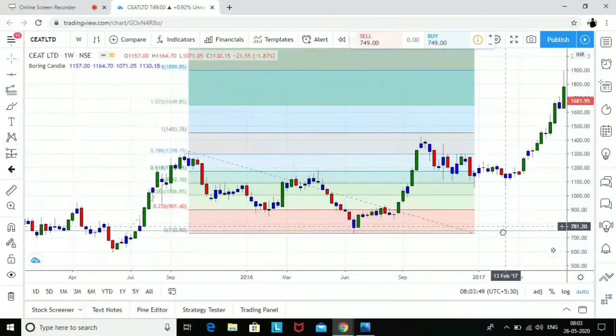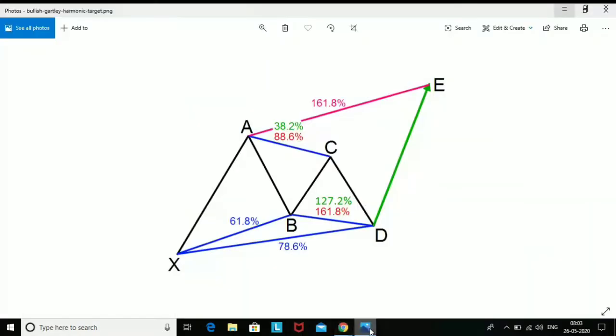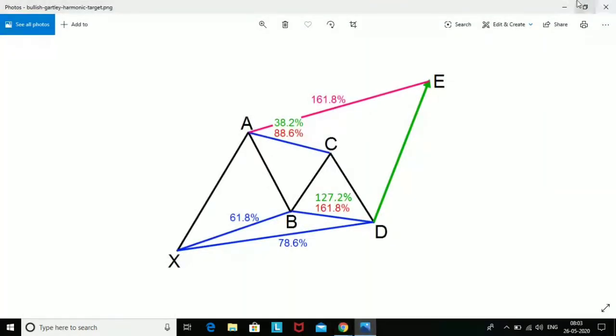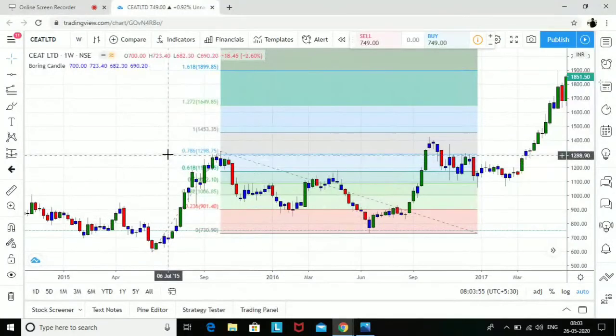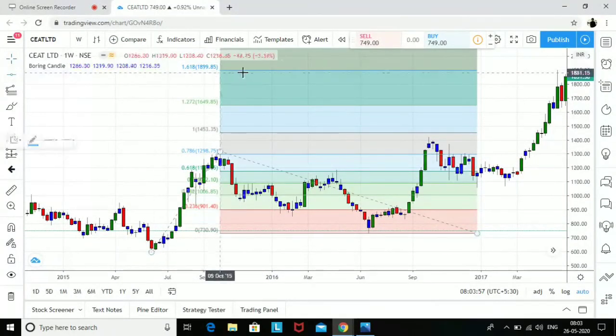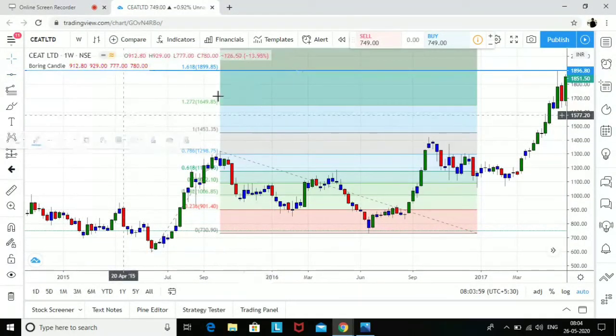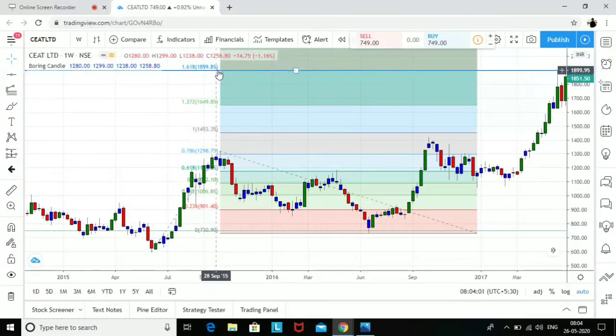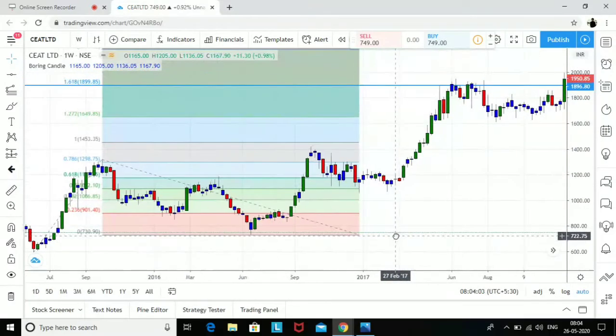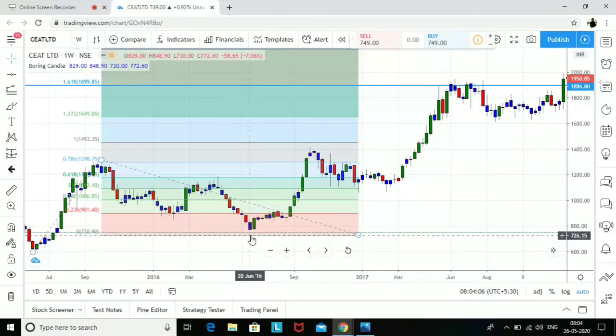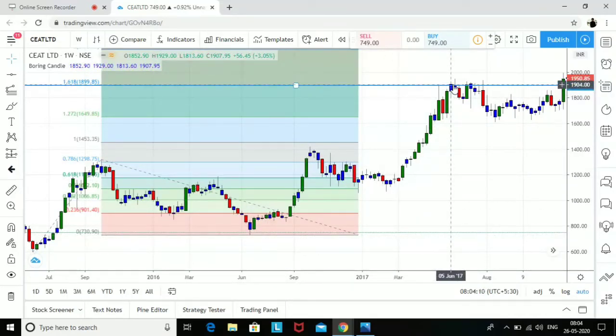As per this, it should be 161.8, which is this level, right? 161.8 is almost 1900. From 730 it went till 1900, and it exactly gave that final target.